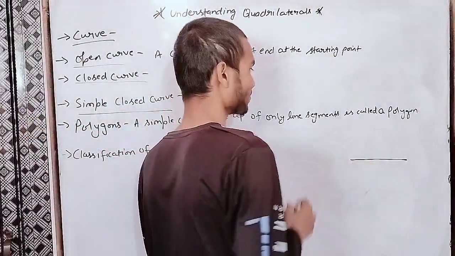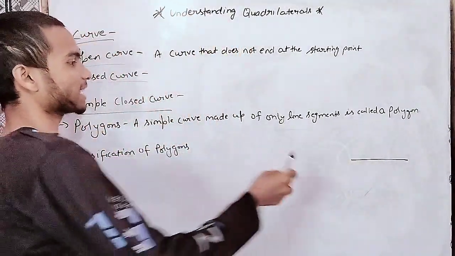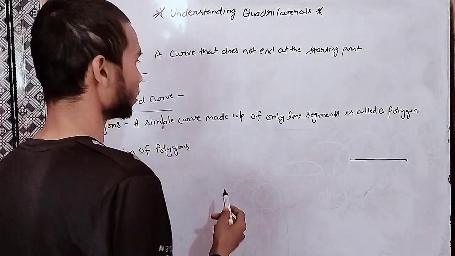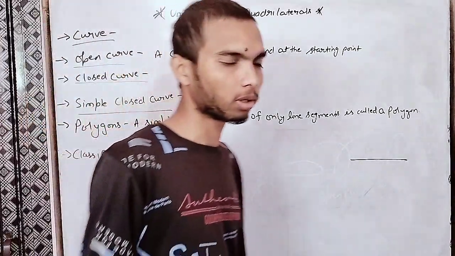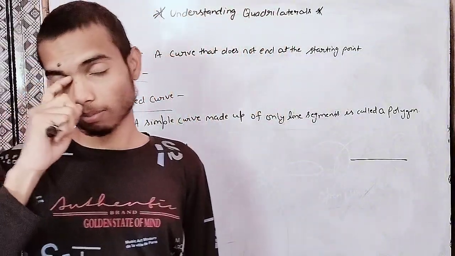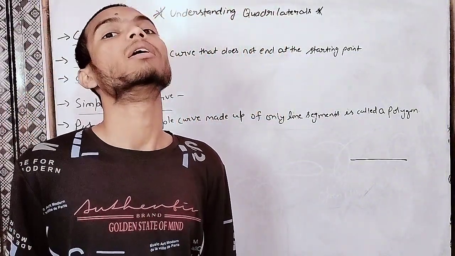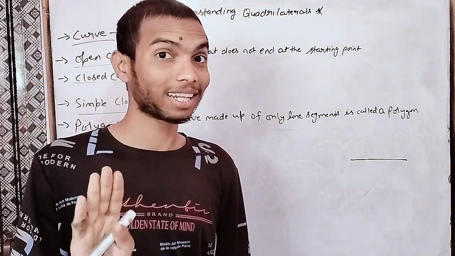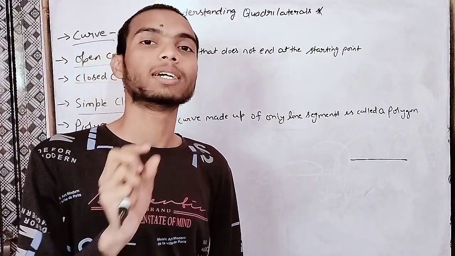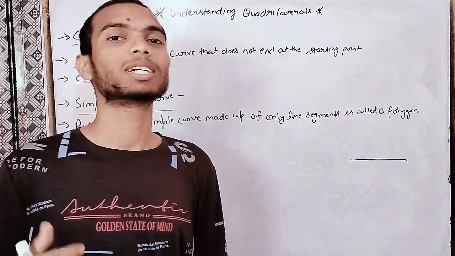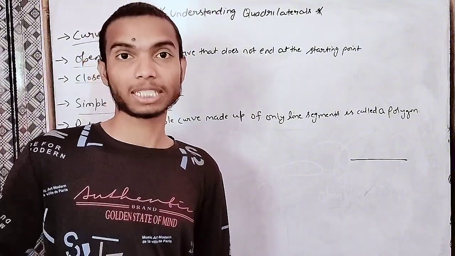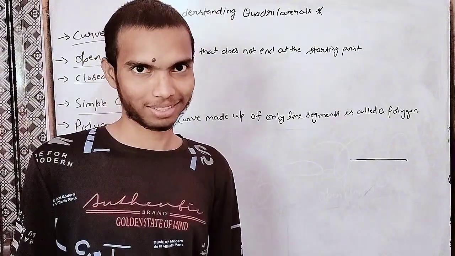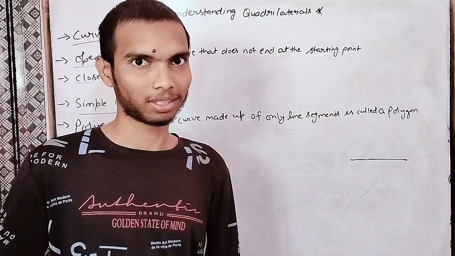But we can't say this is a polygon. Polygons should have at least three line segments. Three line segments will start to make a polygon.